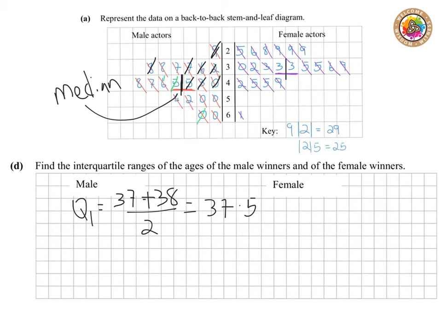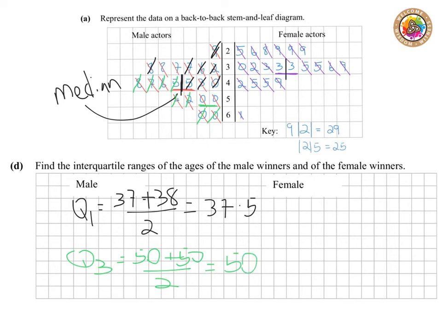My next smallest 46, my next biggest is 60. 47, and my next biggest is 54. 48, and my next biggest is 52. And so I'm left here with 2 in the middle. So Q3 is equal to 50 plus 50 divided by 2, which is 50.